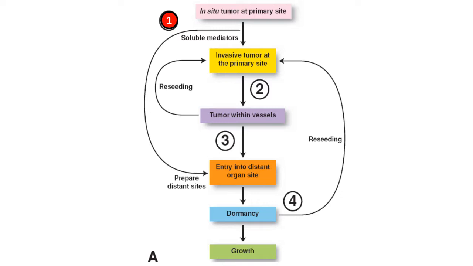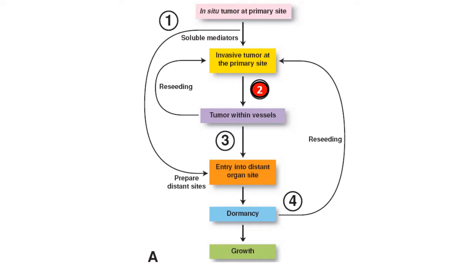The basement membrane as well as the extracellular matrix is degraded by the action of various proteolytic enzymes which are derived from the tumor cells and also from the tumor associated cells, and these tumor cells then travel further and invade and penetrate the blood vessels and lymphatics.